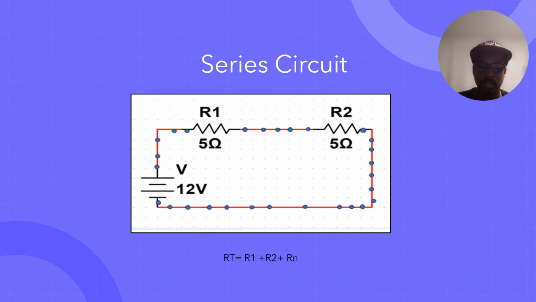Within a series circuit, it ensured a closed path for the current to flow without any deviation from that path. R1 and R2 will see the same amount of current. In this circuit, a 12 volts battery is used to drive current around the circuit.